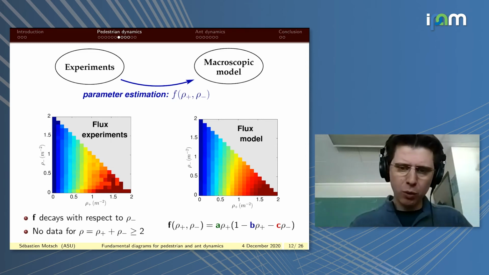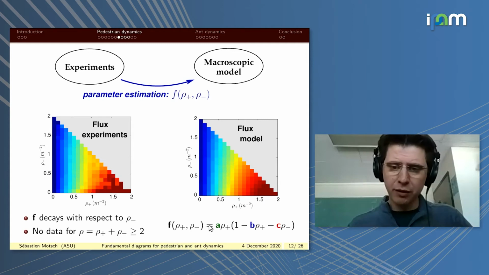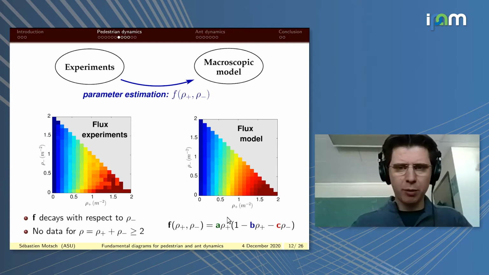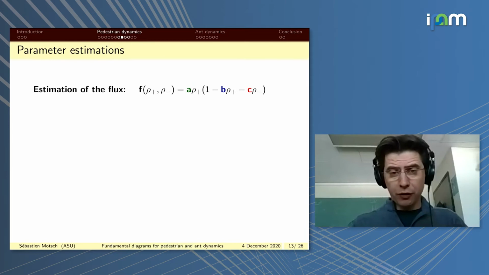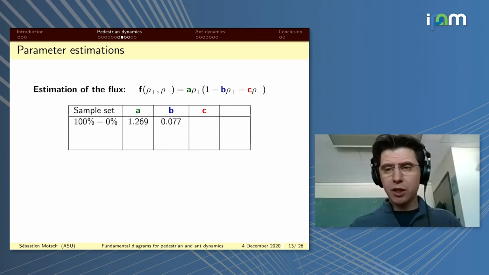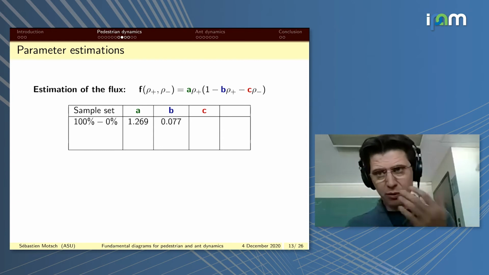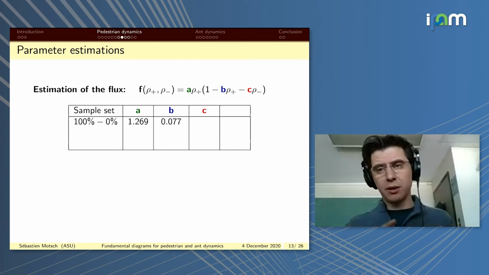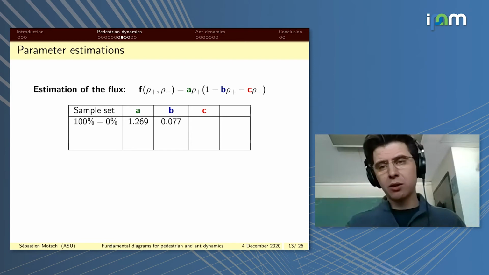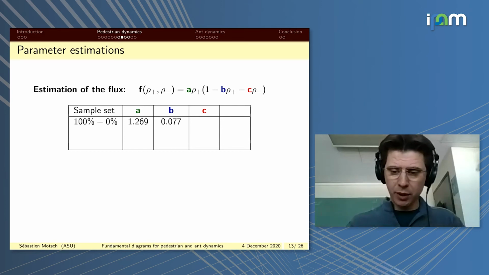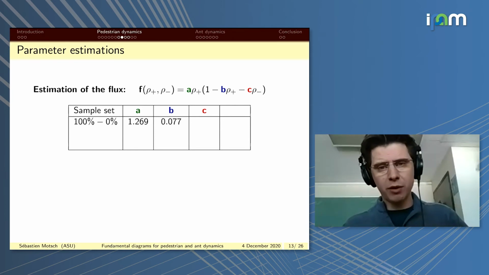Let me just show you how those three coefficients vary depending on the experiments. First, we look at the experiments where they all move in the same direction. So that's a basic model: we just have your own velocity and some friction from people moving with the same velocity as you.